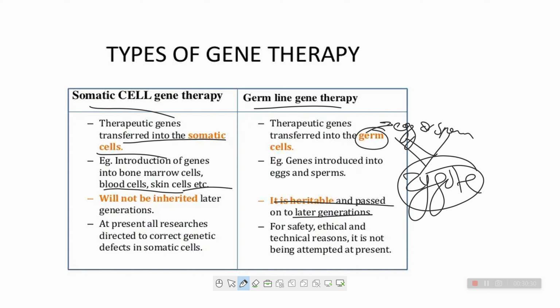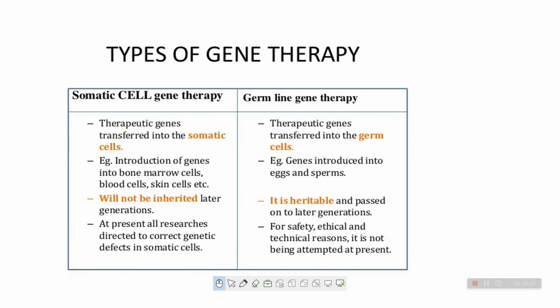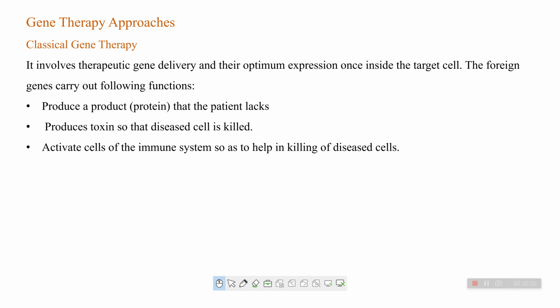So that information will be passed from generation to generation in later generations, right? So germline gene therapy is heritable, okay, whereas somatic gene therapy is not inherited.